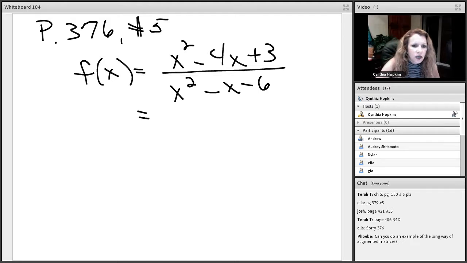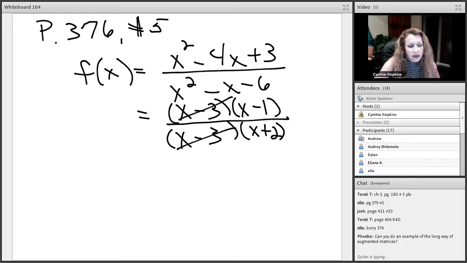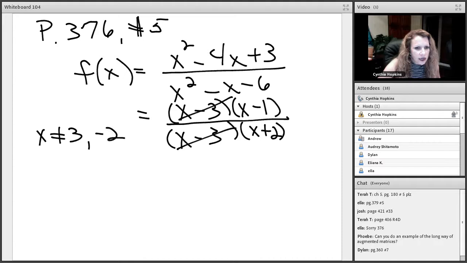I'm going to factor both the numerator and the denominator. My numerator factors into x minus 3 and x minus 1. My denominator factors into x minus 3 and x plus 2. So my x minus 3's cancel. By the way, in that factored denominator, I'm going to get two excluded values. X cannot equal 3 or negative 2.